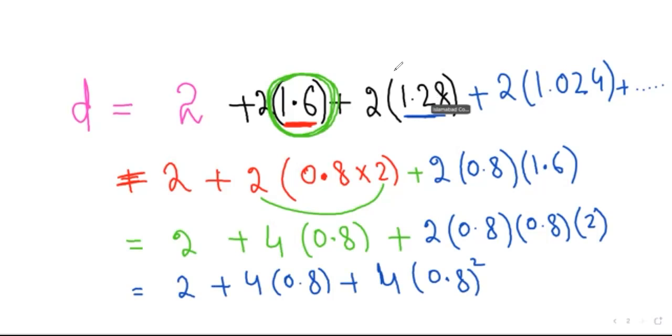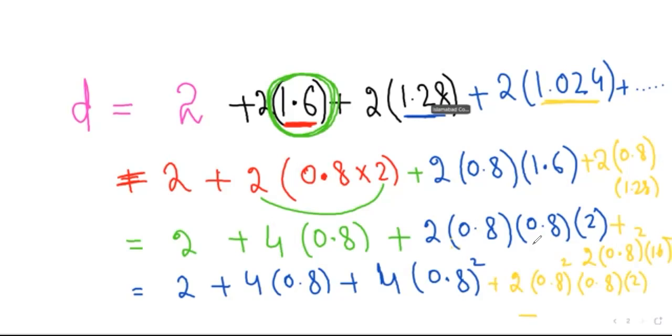Now, this distance is 80% of 1.28, and 1.28 is 80% of 1.6, and 1.6 is 80% of 2.